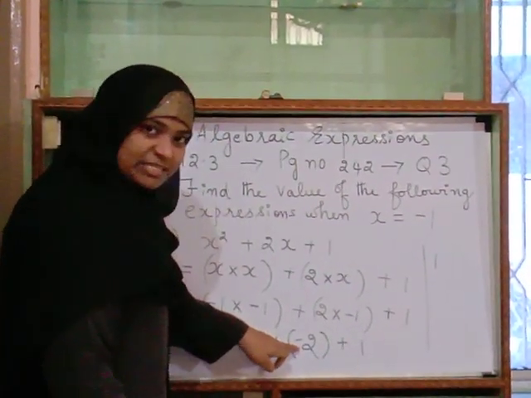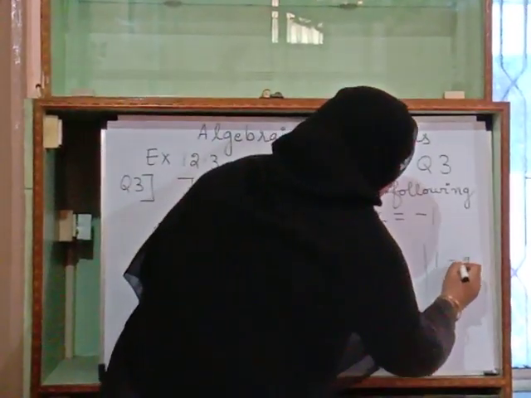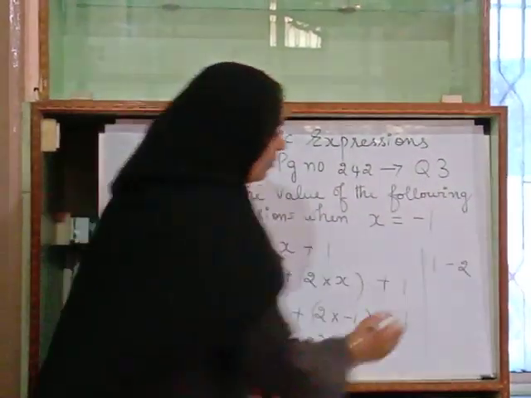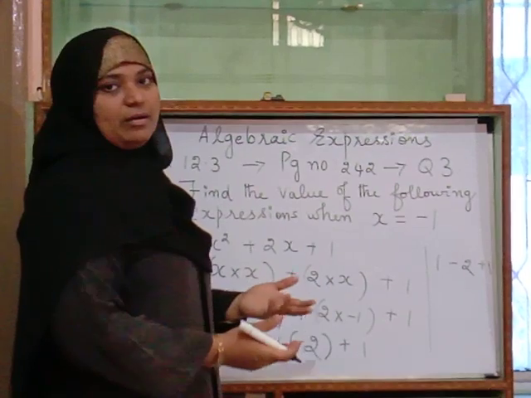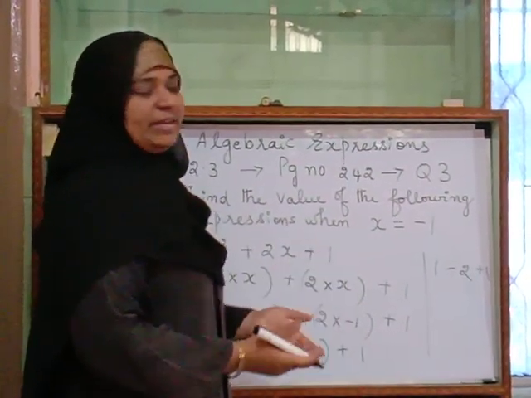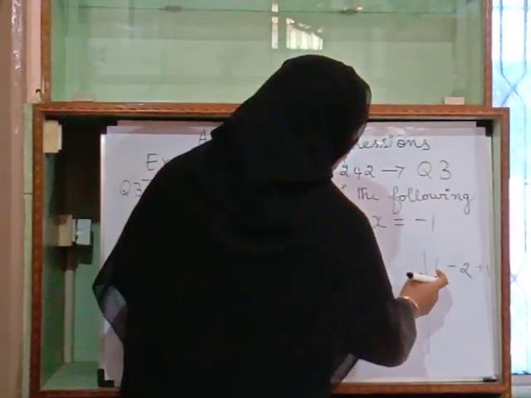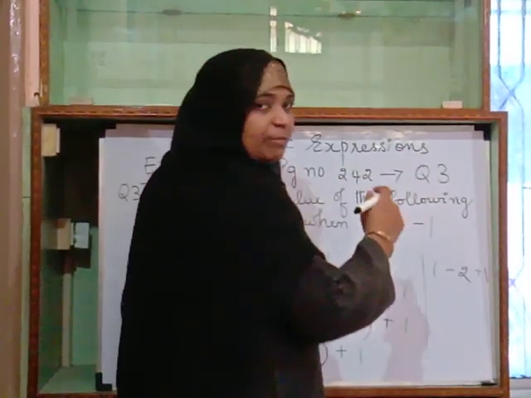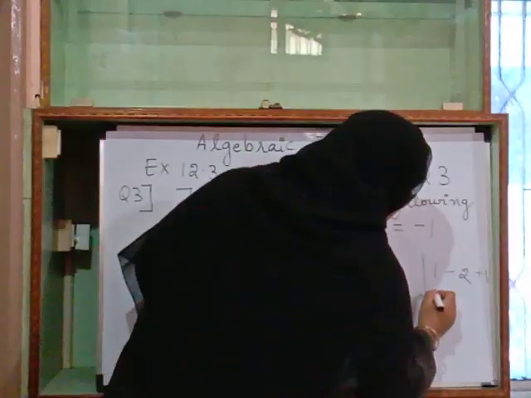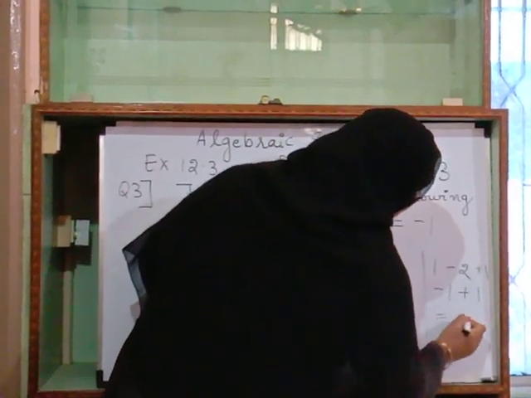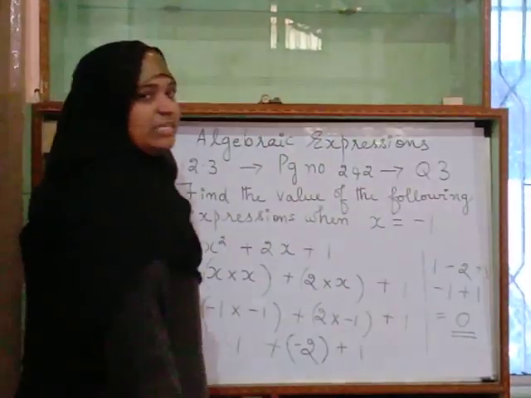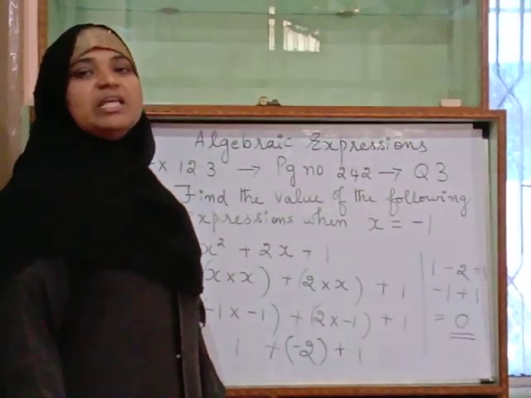Plus into minus gives you minus 2. Then you have plus 1. Now this is a normal course of your operation given as plus or minus. So we know that 1 minus 2, which means minus 2 plus 1 gives you minus 1 and plus 1. So the answer is 0. This is our answer for the third question.